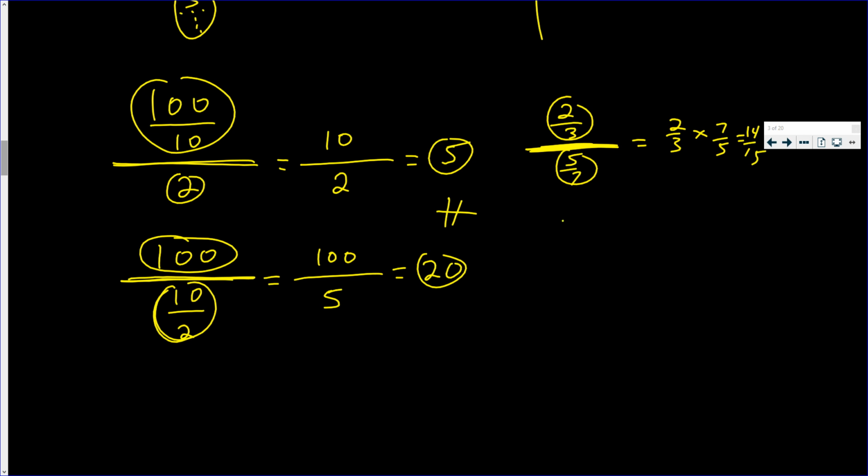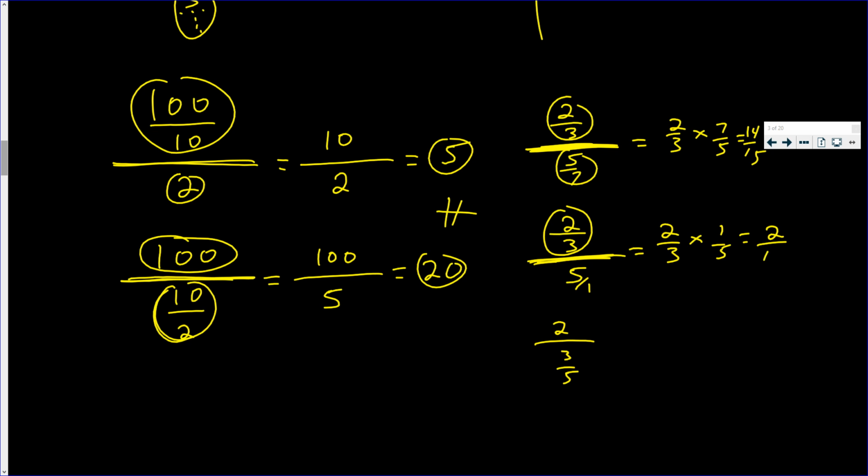Okay, but if you had 2 divided by 3 divided by 5 versus 2 divided by 3/5, you will not get the same answer. Here is the main division line. It's that number, keep it, change division to multiplication, and this is 5 over 1, so flip it. 2 times 1, 3 times 5, 2/15.